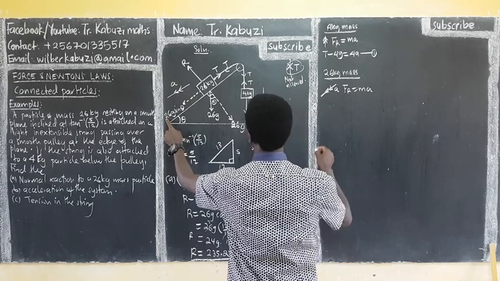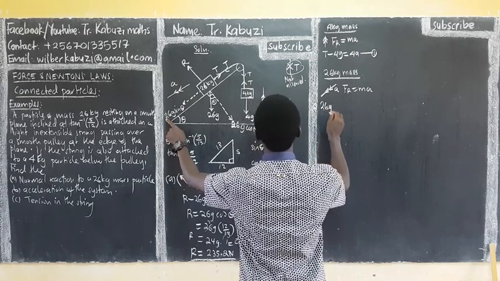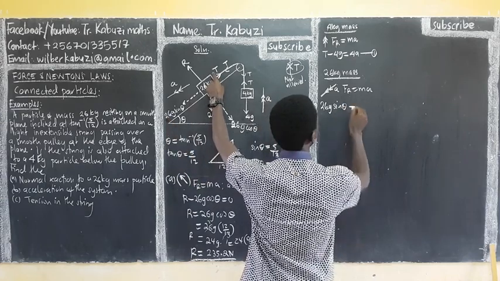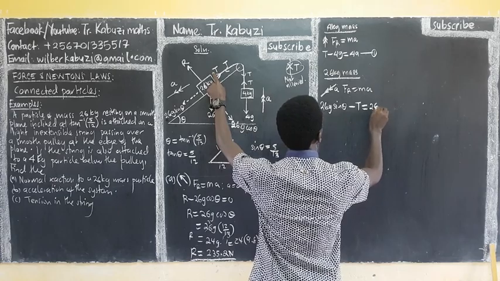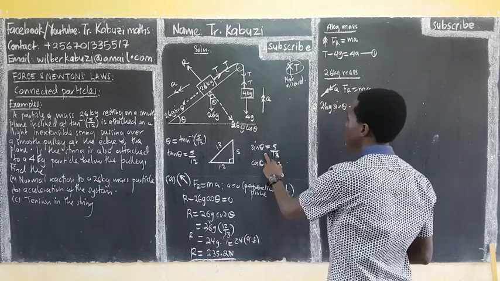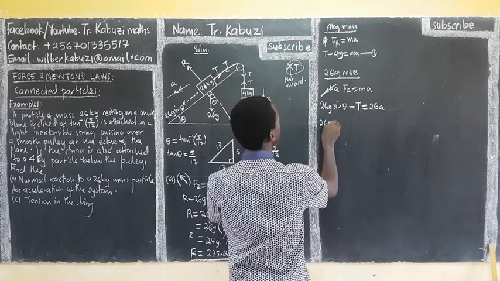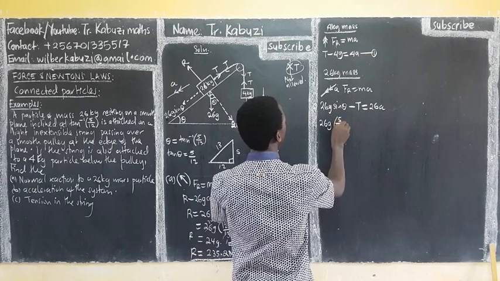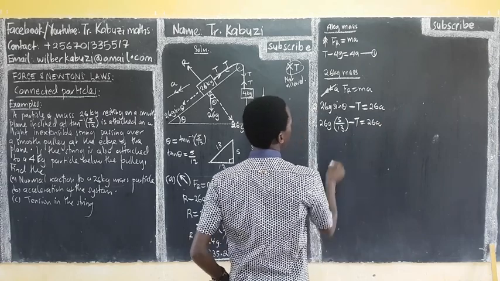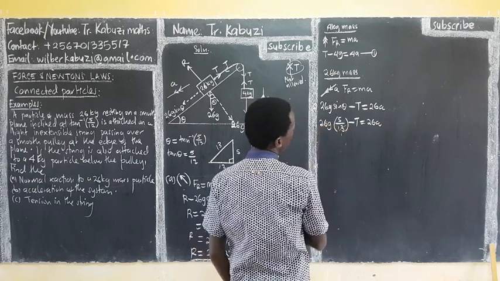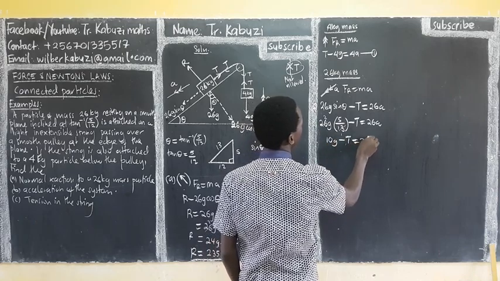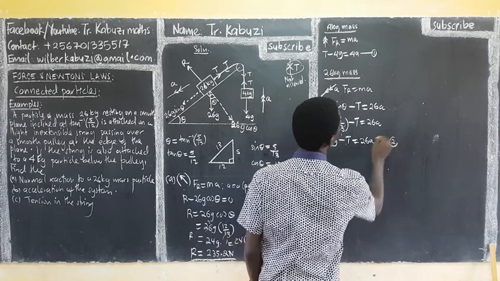So this is going to be 26 g sine theta, then minus the opposer T, equaling the mass times the acceleration. Our sine theta is 5 over 13. So this will be 26 g into 5 over 13 minus T equaling 26a. The 26 and 13 give 2, so it will be 10 g minus T equaling 26a. This becomes our equation 2.